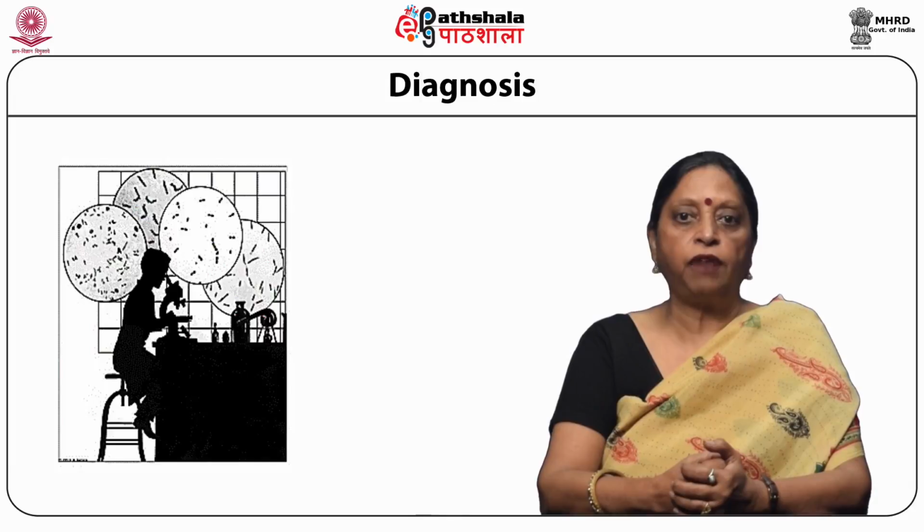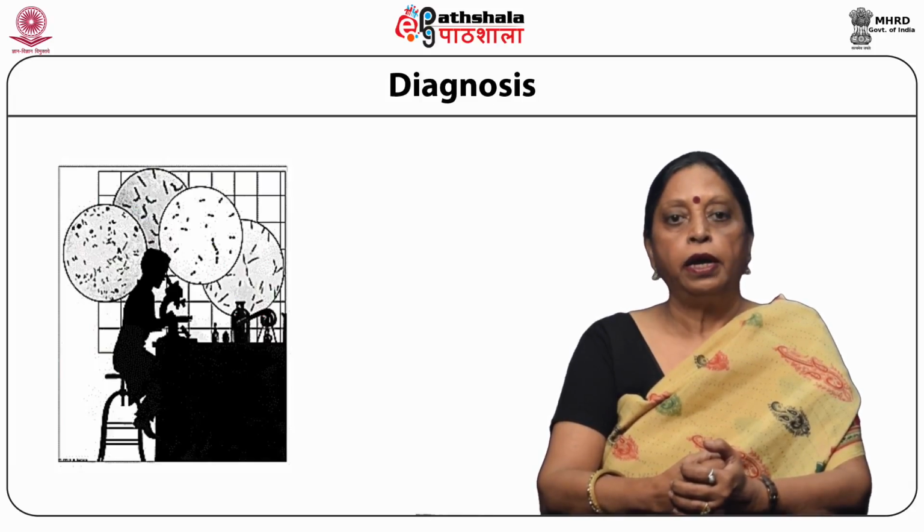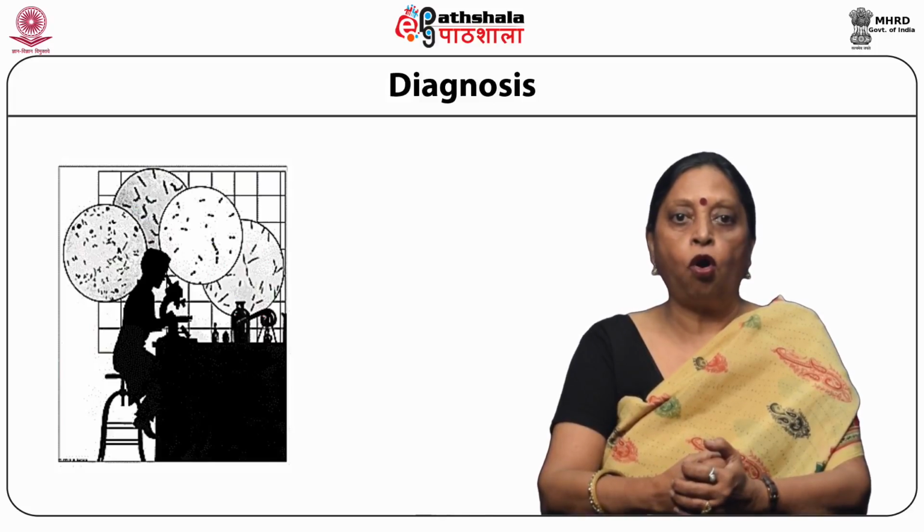Trophozoites cannot survive for long outside the body of the host, so examination has to be done fast. Stool smears can also be examined after permanent staining by iron hematoxylin, trichrome, or periodic acid Schiff, that is PAS stains.